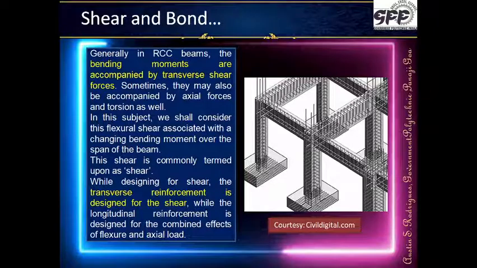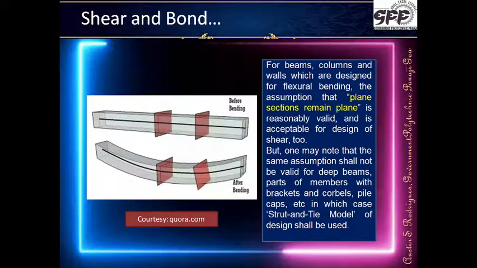Now transverse means perpendicular to the longitudinal axis or perpendicular to the longitudinal reinforcement. So this transverse reinforcement, known as shear reinforcement, we provide in a beam to take care of this flexural shear or shear. So this is what we are going to study in this particular chapter.